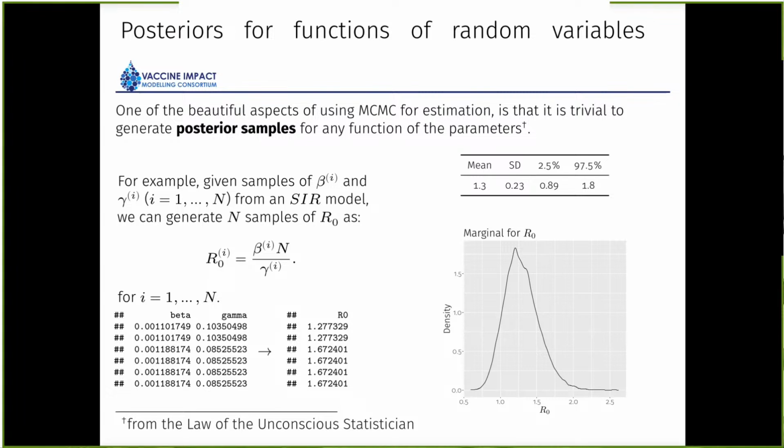With this distribution, I can calculate the area under this curve from 1 up to infinity. All that corresponds to here is I take my 40,000 samples and work out what proportion of them are bigger than 1. That gives me an estimate of the probability that R0 is bigger than 1, and that's exactly the same idea you're using for the credible intervals. So in the Bayesian context, you can think about things in a slightly different way.